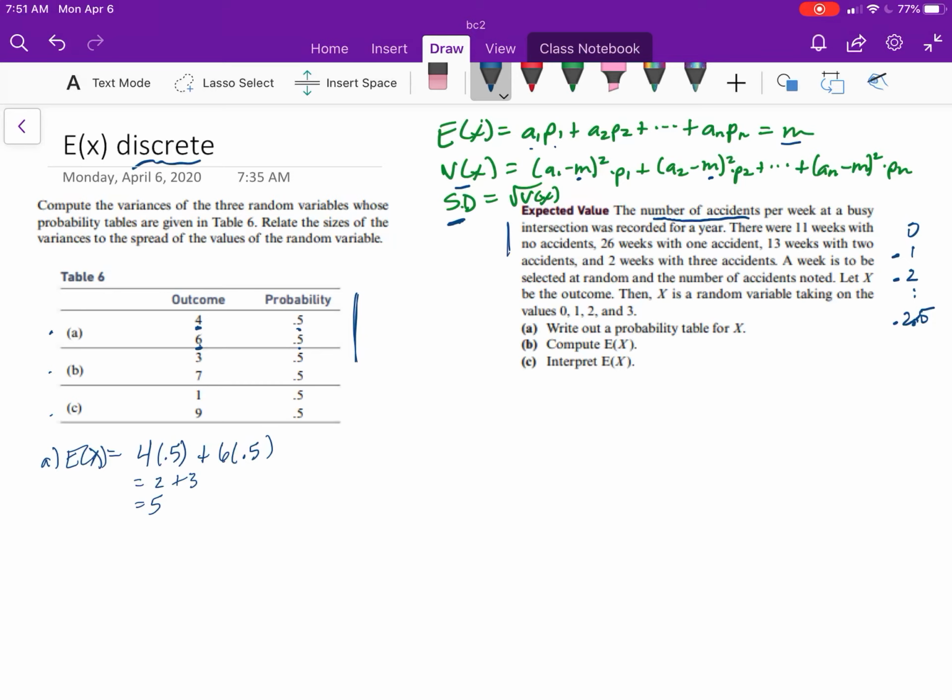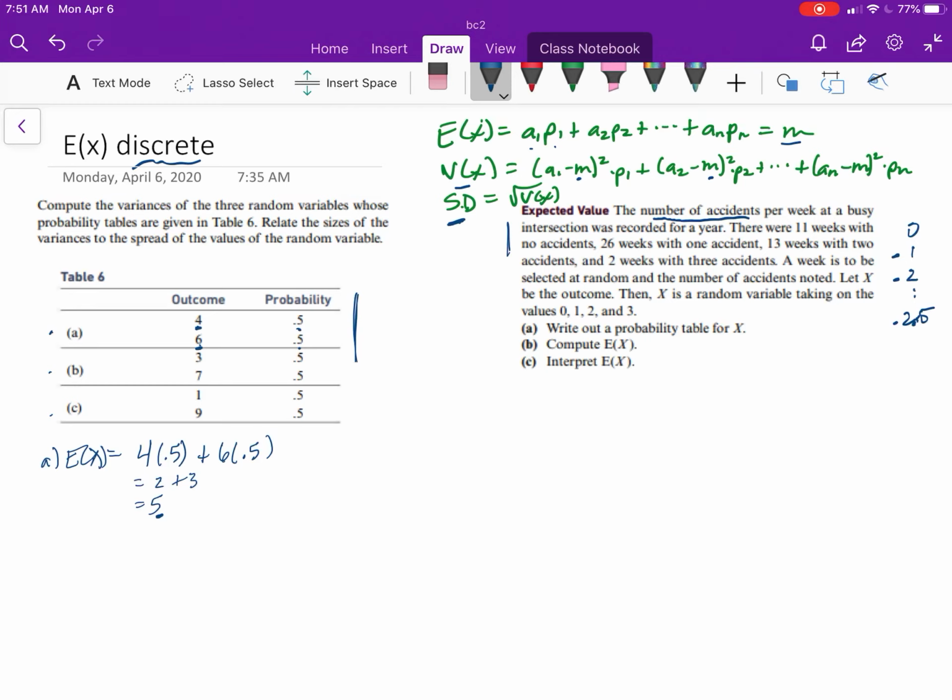Well, we would expect a 5, but that's not even possible here. You can only get a 4 or a 6. Sometimes it doesn't quite make sense in the problem, but overall, if they have a 50-50 shot, the average, which is not exactly the same as expected value but close, is 5.